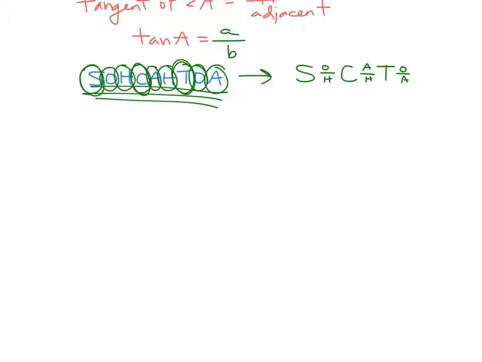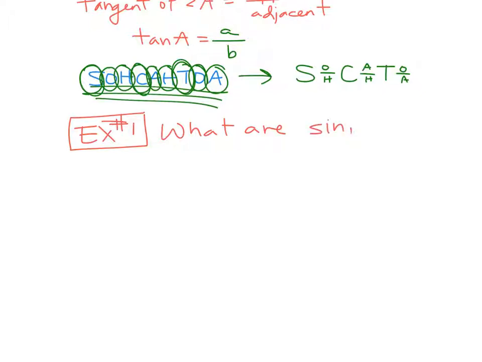Let's do this. First example. Sometimes they're just going to say, what are the sine, cosine, and tangent ratios for angle P?